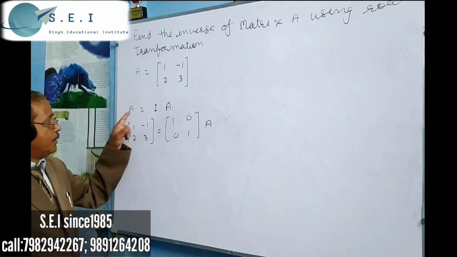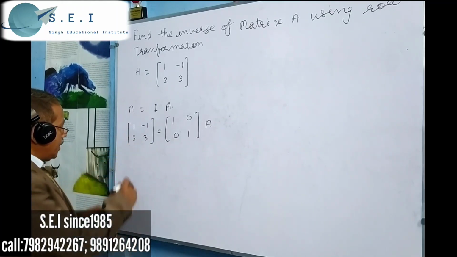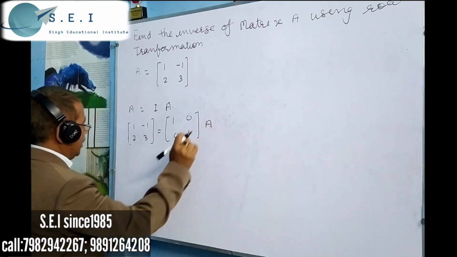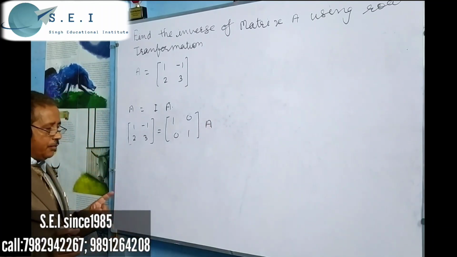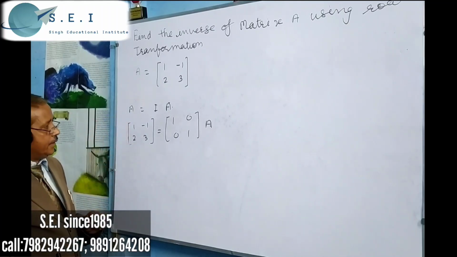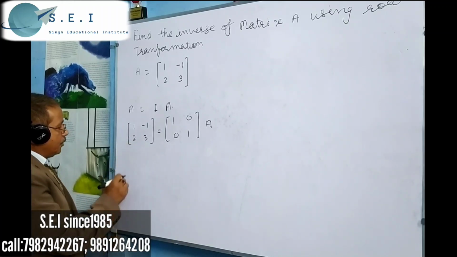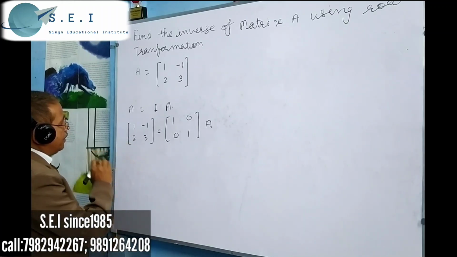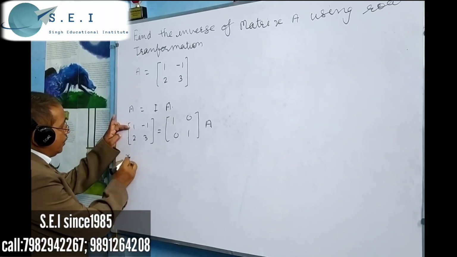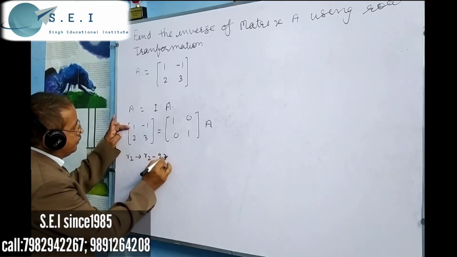So write here A is equal to I into A, with the value of A here, I on the RHS and A as A. Now we want to transform the LHS into the identity matrix by transforming the rows. In the first operation R1 remains the same, but R2 is equal to R2 minus twice of R1.